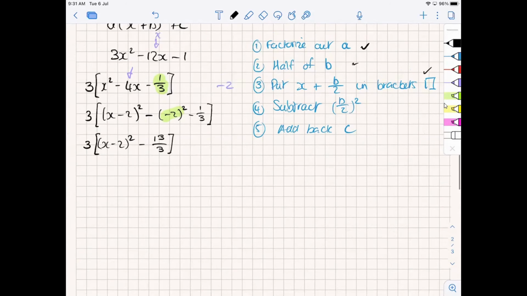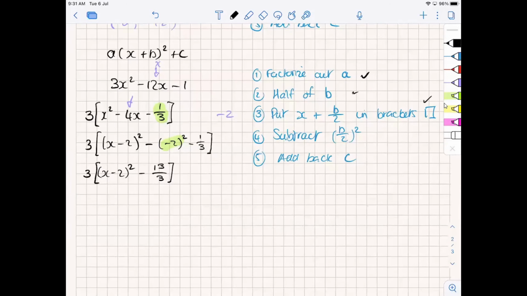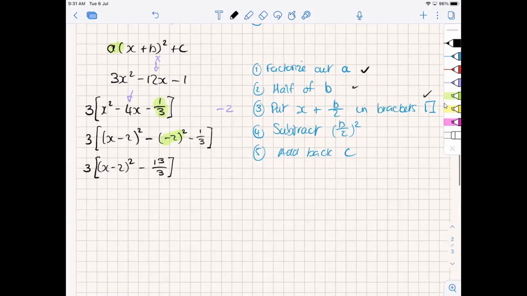Now if we go back and look at the format that we were asked to write this in, you'll notice that the a is in front of this bracket here, and at the moment I've got everything enclosed by this a. So I'm going to multiply that 3 into the bracket to complete the process.